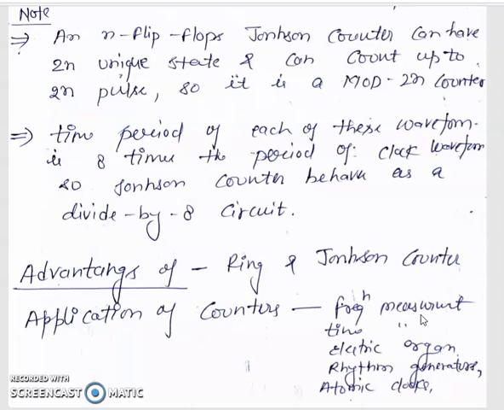Here the important thing is each state frequency for the asynchronous counter, the ring counter and the Johnson counter. For the asynchronous counter, each state frequency is equivalent to the total frequency divided by 2 to the power n. N is the number of bits.